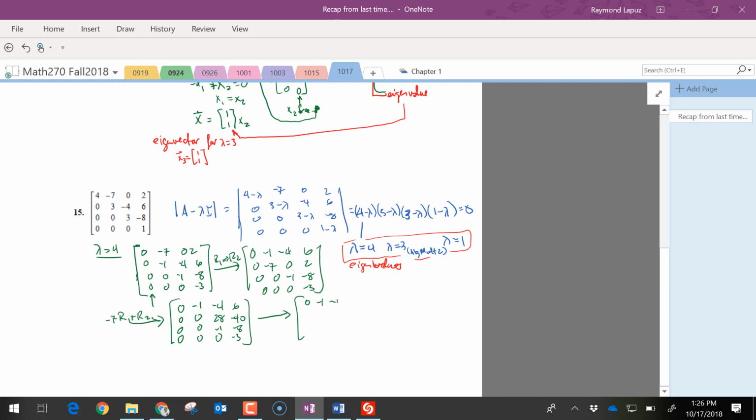Row 1: 0, minus 1, minus 4, 6. Row 2: 0, 0, minus 1, 8. Row 3: 0, 0, 28, negative 40. Row 4: 0, 0, 0, minus 3. Minus 3. And so we did a row switch, 2 and 3.